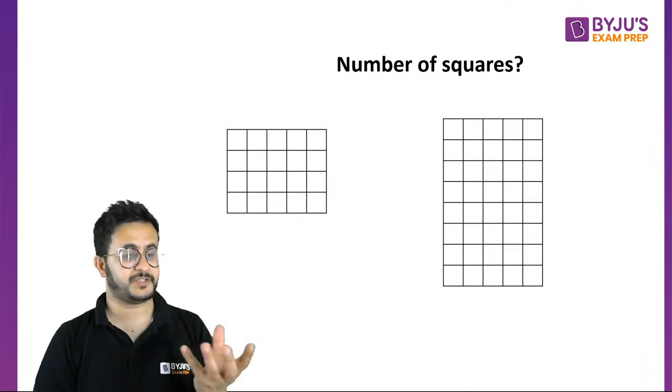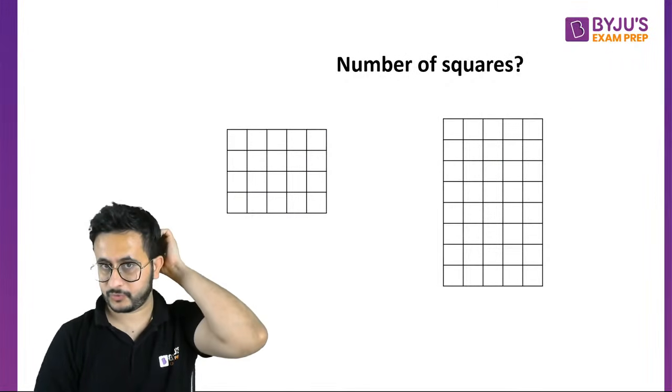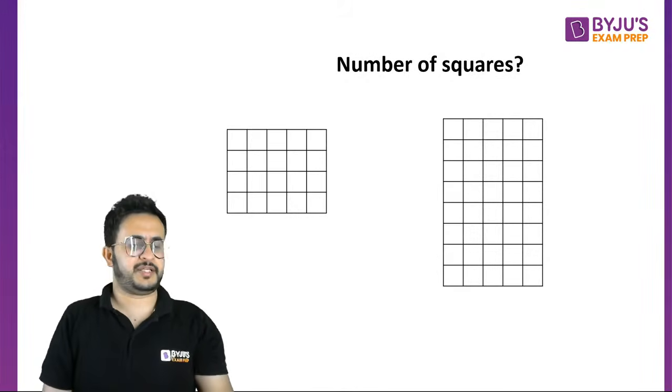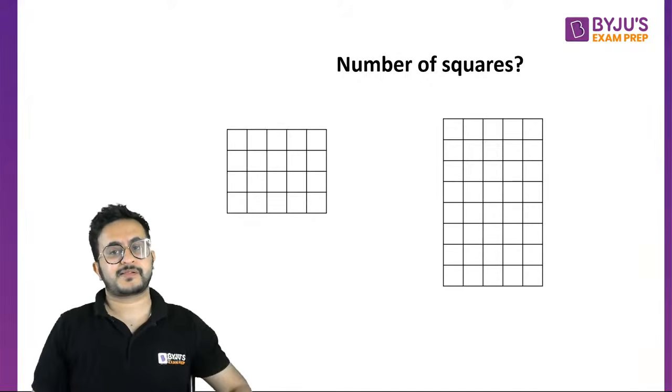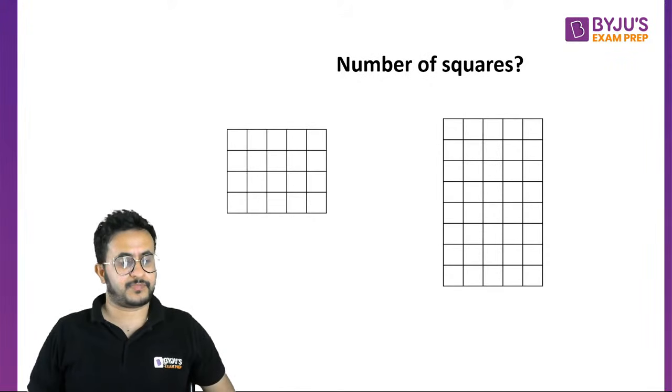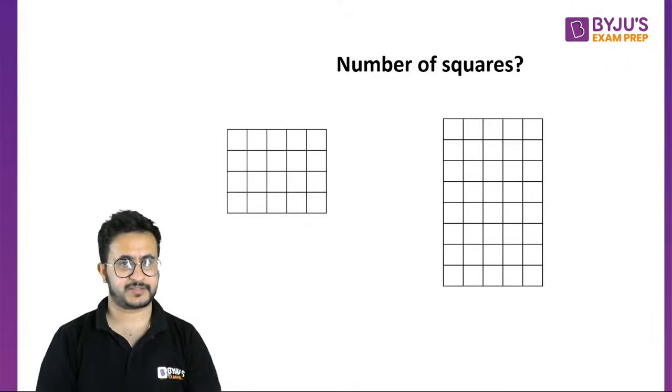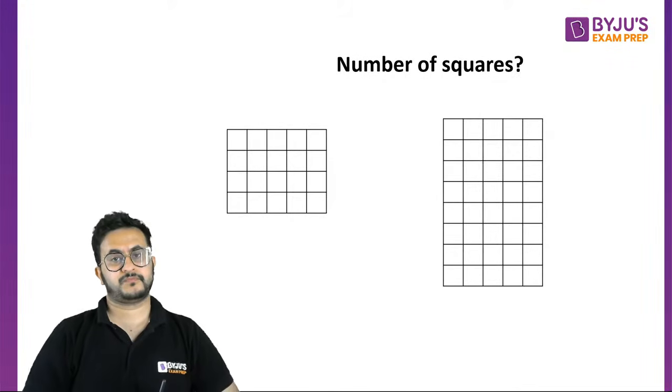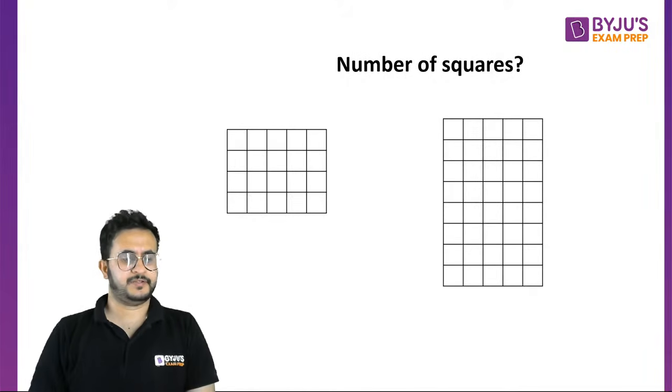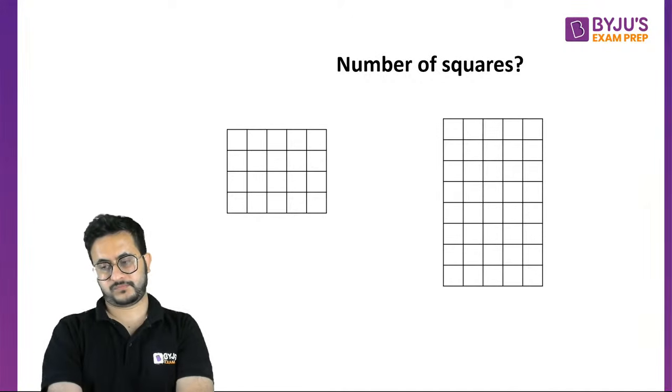Okay, so that was perfect squares, right? Where the number of rows and columns was the same. Now, what if the rows and columns are not the same? How do we find the number of squares in this case? In the first figure, second figure, how many squares are there?